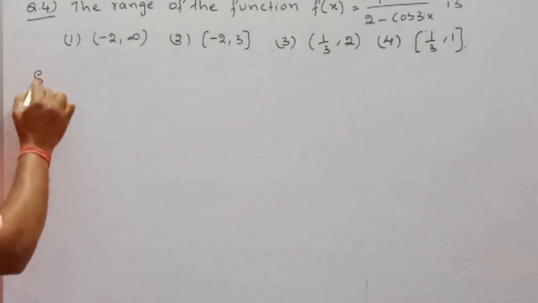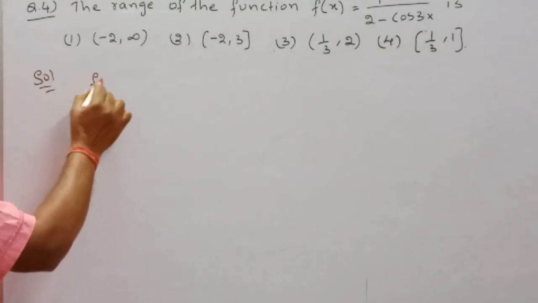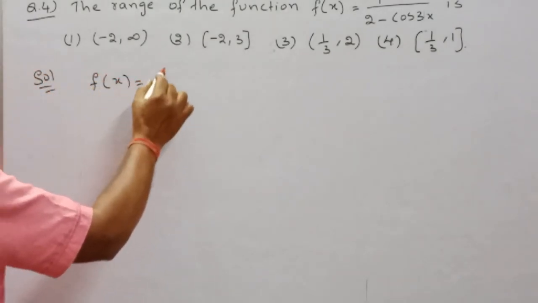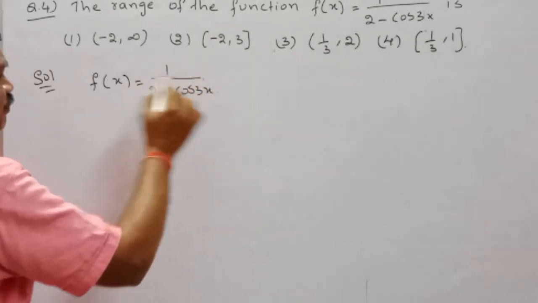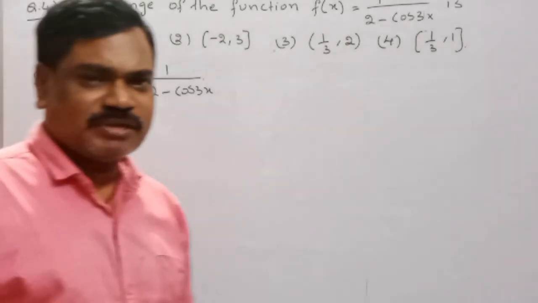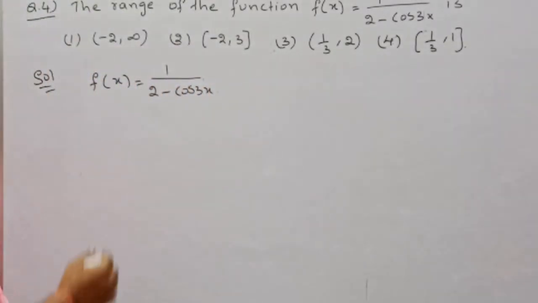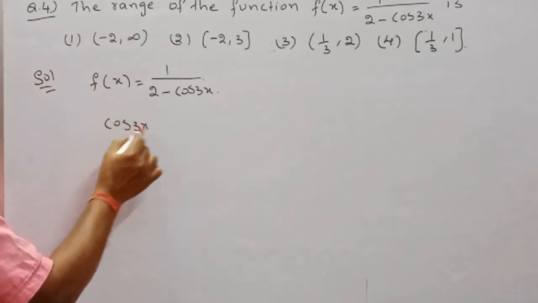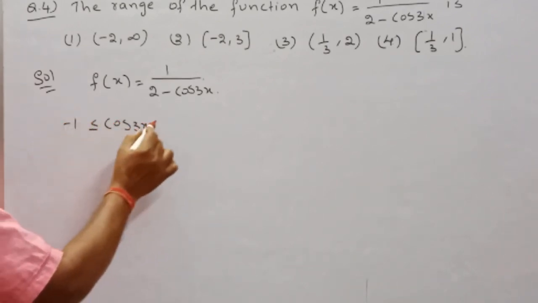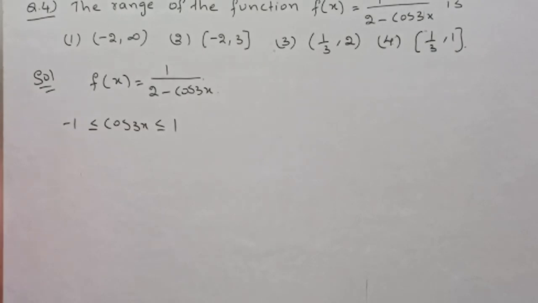Okay, here the function is given, f of x is equal to 1 by 2 minus cos 3x. So here you take the function cos 3x. Minus 1 less than or equal to cos 3x less than or equal to 1.